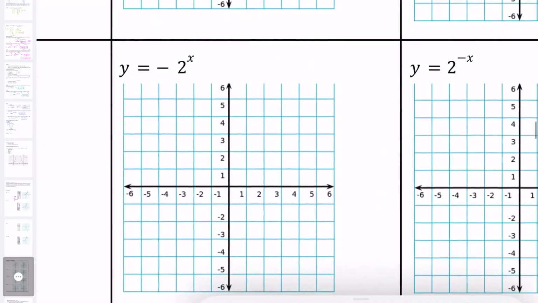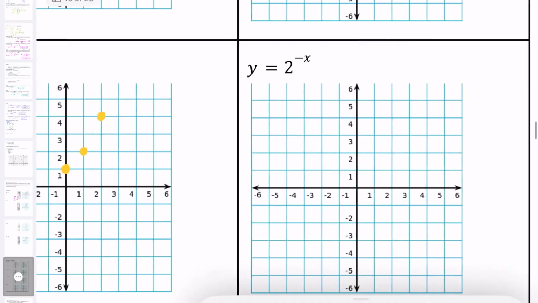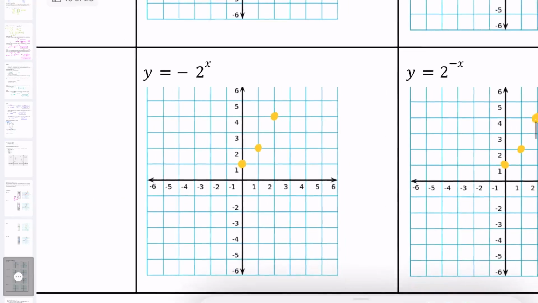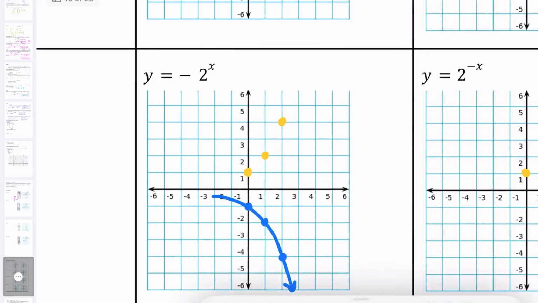Finally, we have reflections. We can reflect over the x-axis and we can reflect over the y-axis. These reflect over the x-axis. Asymptote does not change. Okay.